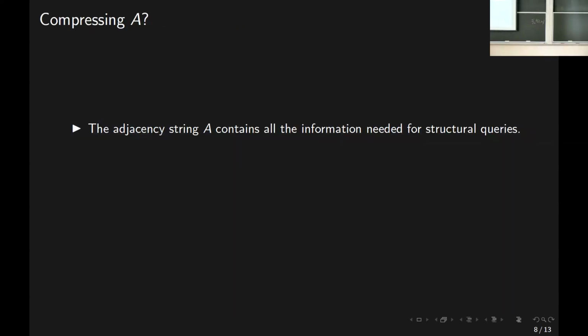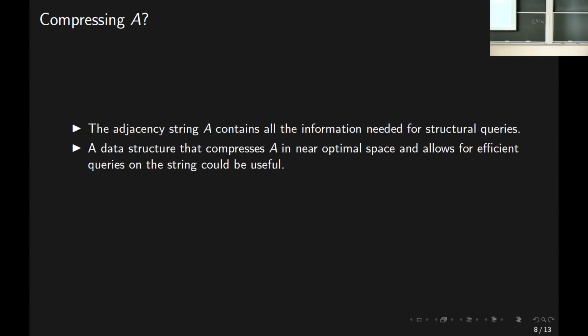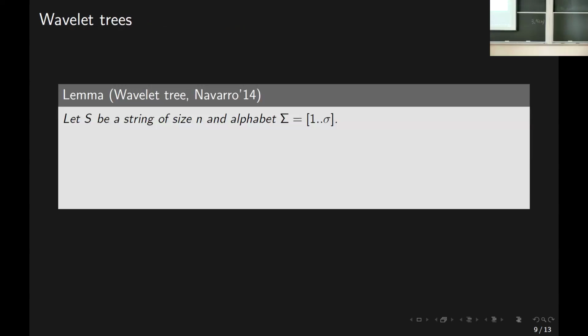Okay, so we have an adjacency string A, which contains all the information we need to make some structural queries. And a data structure that compresses A in near optimal space and allows for efficient queries on the string A could be very useful. And it turns out that such a data structure exists, and these are wavelet trees. So what is a wavelet tree?